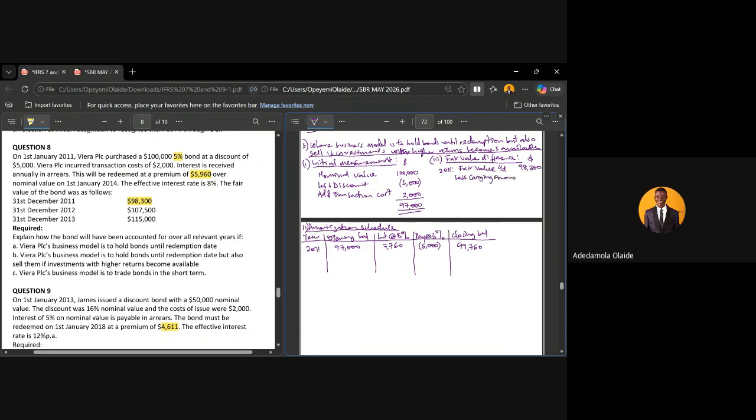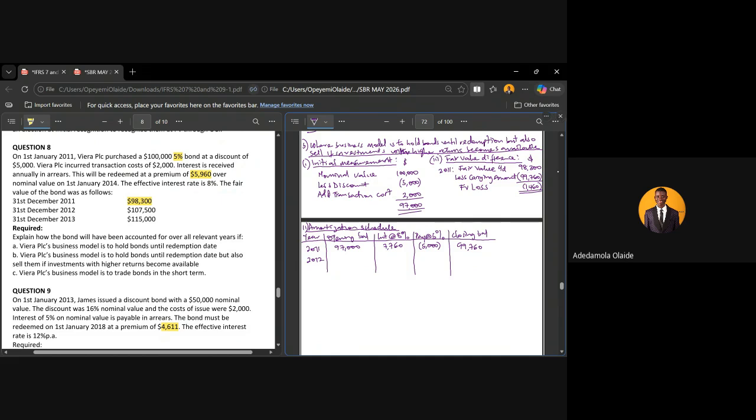What is the carrying amount? 99,760. So with that, it shows we have a loss of how much? 1,460. Fair value loss. Does it make sense? Yes, sir.